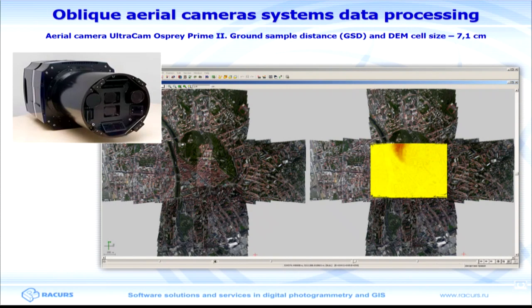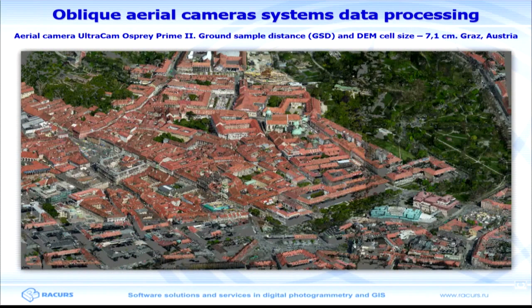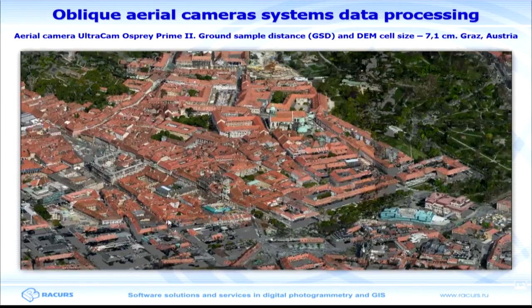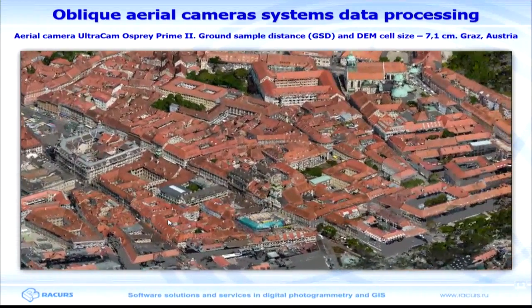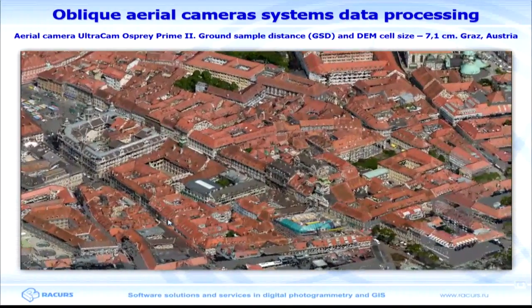Ultracam Osprey with 5 sensors has been used, 1 for nadir and 4 for oblique imaging, and this is how a 3D surface model looks.